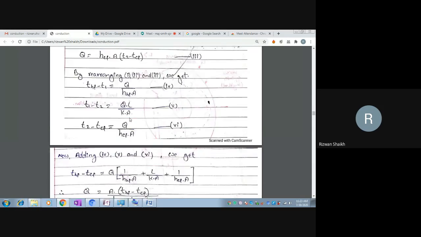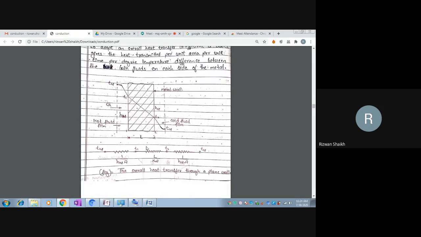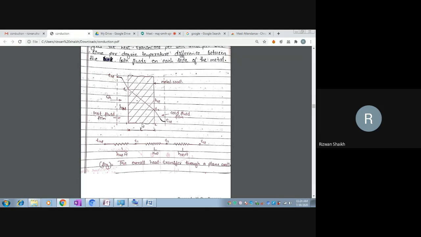Now how can we proceed with the derivation? The diagram part has been understood. On one side of the metal wall we considered the hot fluid, on the other side the cold fluid, and heat flows from the hot fluid to the cold fluid through a metal wall. First is the resistance of the metal wall, that is L upon K A, that is R TH.